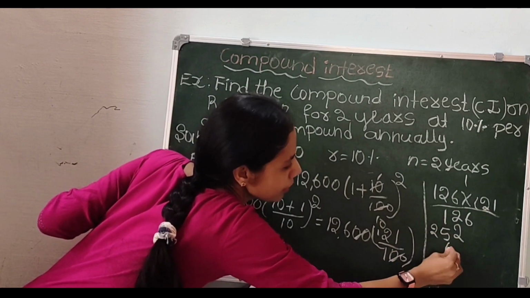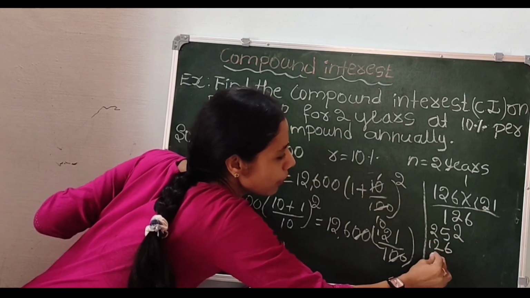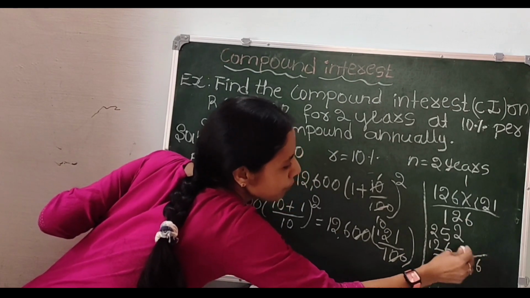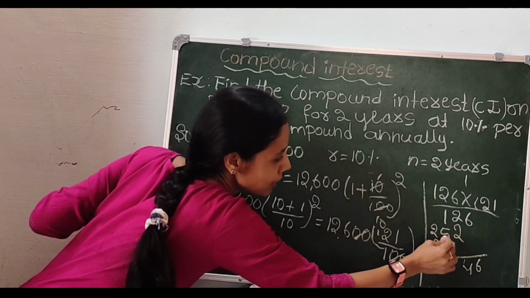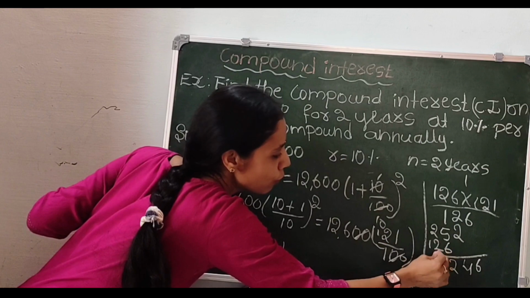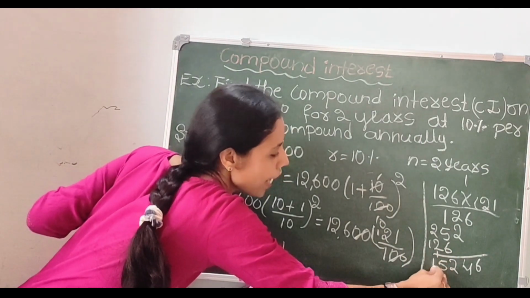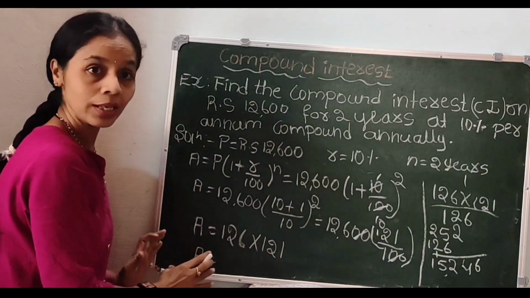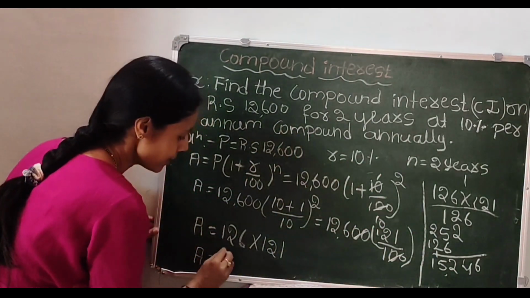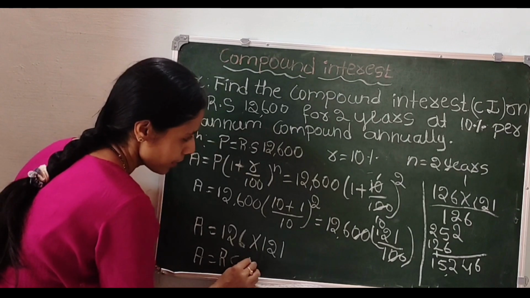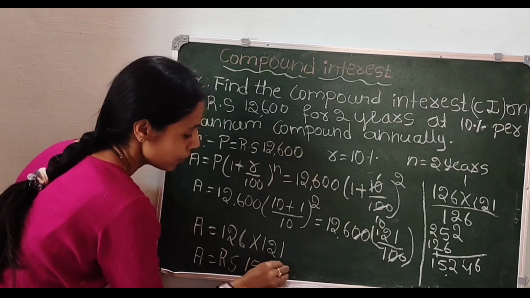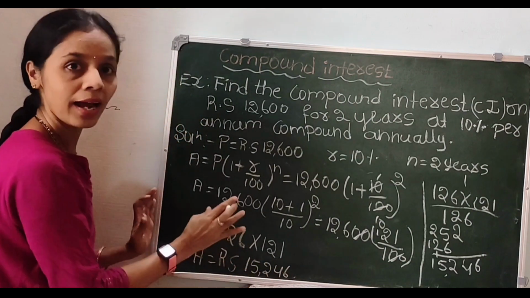Again consider this one. 6 as it is. 2 twos are 4. 1 plus 5 is 6. 6 plus 6 is 12. 1 is carry. 2 plus 2 is 4. 4 plus 1 is 5. 1 as it is. So the total amount is Rs 15,246. It is total amount.